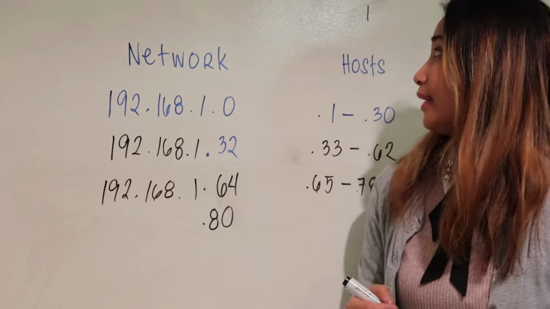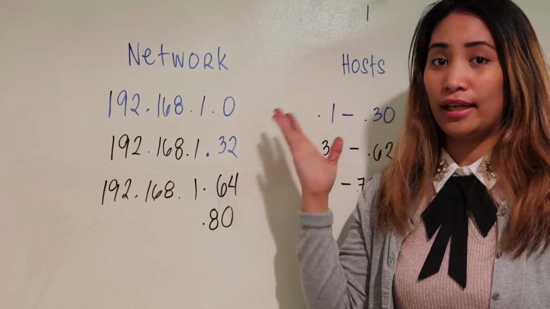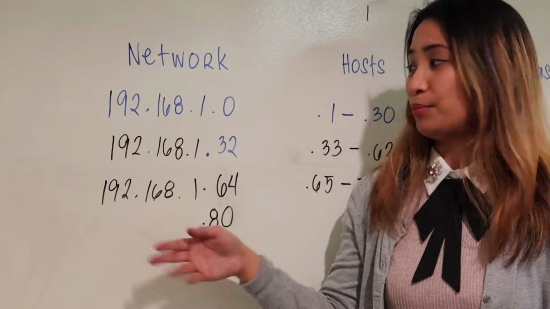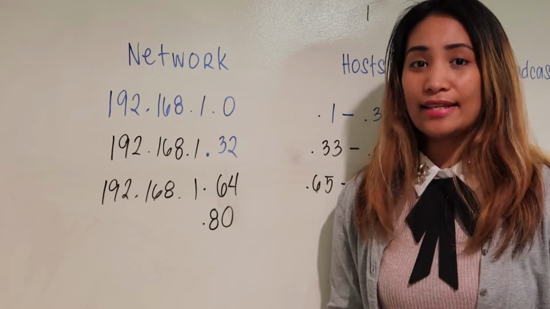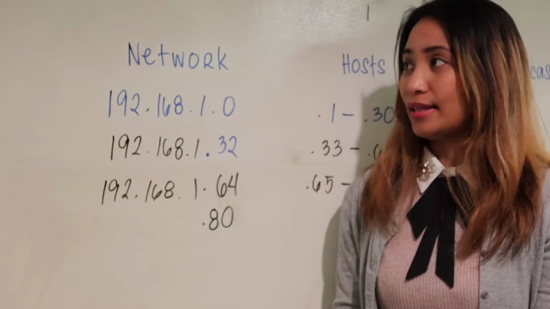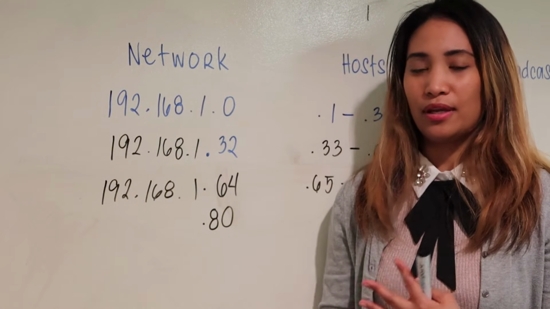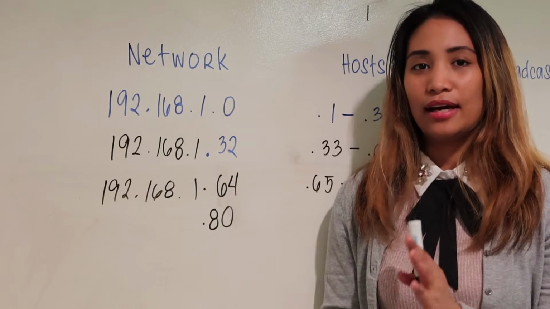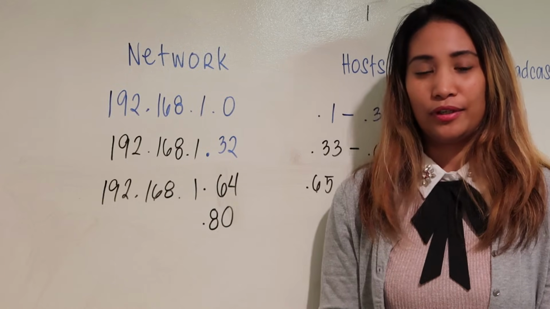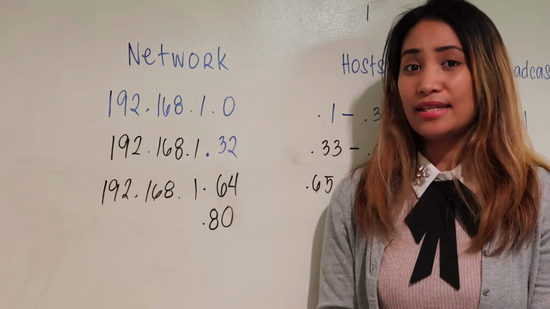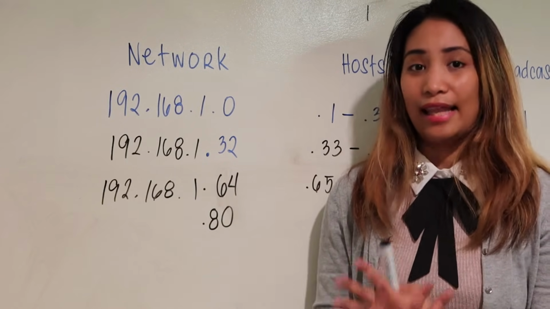And as you can see in here, the increment for this third network is different from the first two, and that is how VLSM works. It has different subnet masks, so it can use different increments because it all depends on the number of hosts that you are going to use for the network, and that has different sizes or varying lengths.